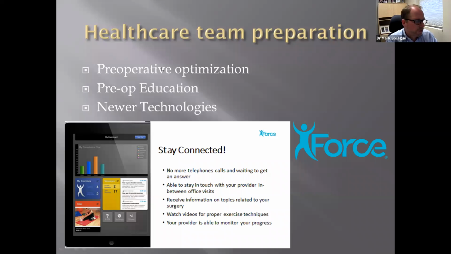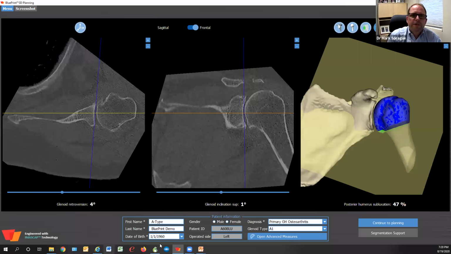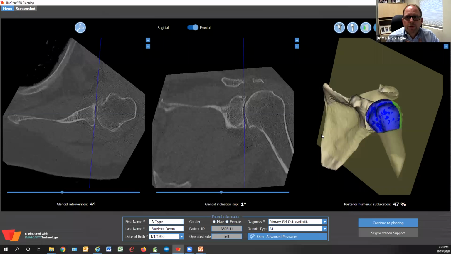I want to just share with you one of the really interesting things, and hopefully it's still up. I'm going to see if I can pull this up. So hopefully you can see this, but along the lines of preoperative preparation, what goes on our side, well, this is an example of a 3-dimensional CAT scan of someone's shoulder.